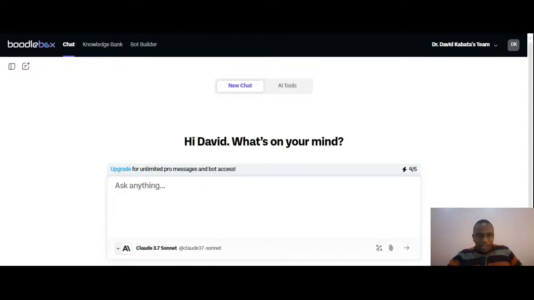So I want to know the research gaps that have been identified. So I tell it continue and see the type of the research gap that is going to be identified from those papers. So we can actually read and see what Boardbox is talking about.